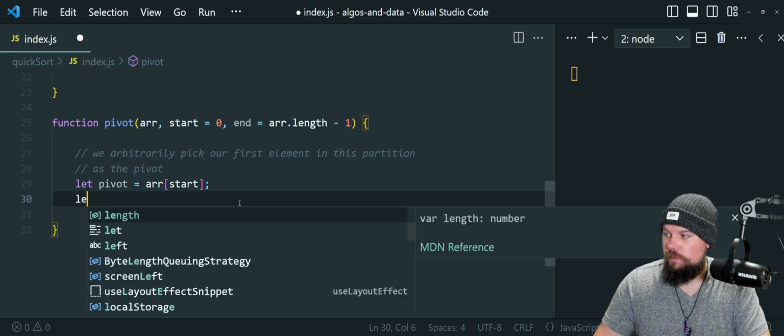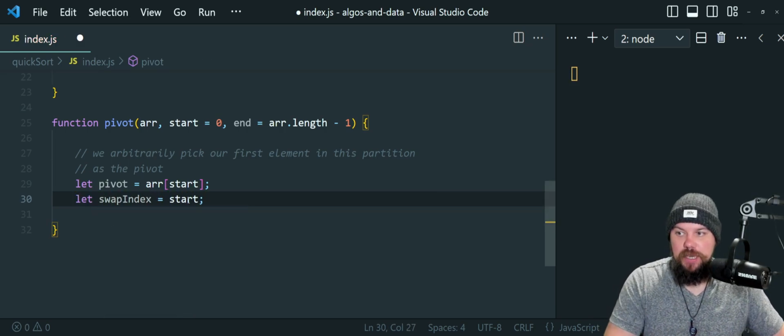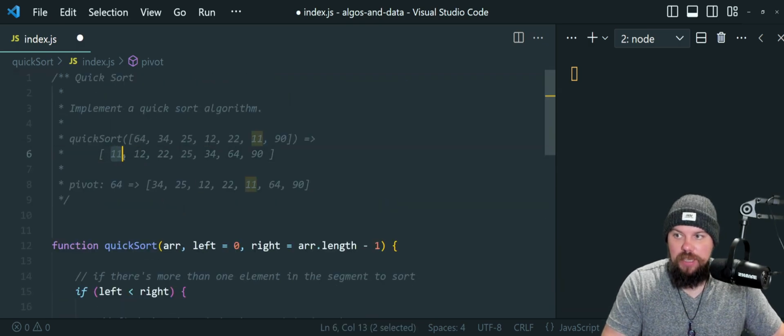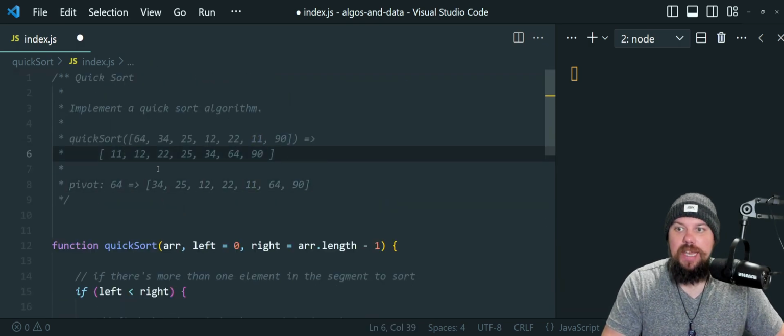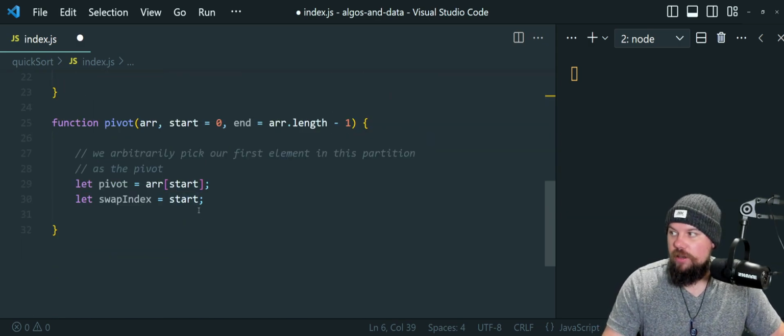Also, we need to know where our swap index begins. Whether that's in our left-hand array or our right-hand array, we've got to know where it starts. And it is going to be wherever we start at this particular position.